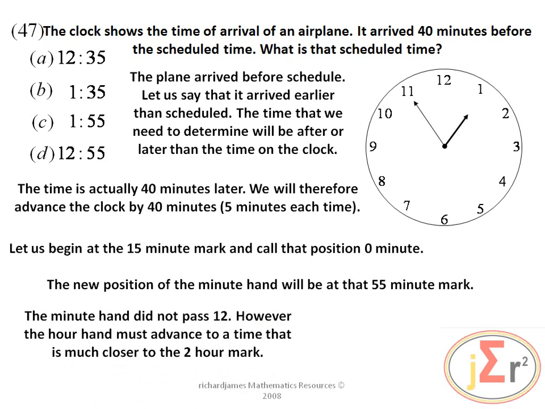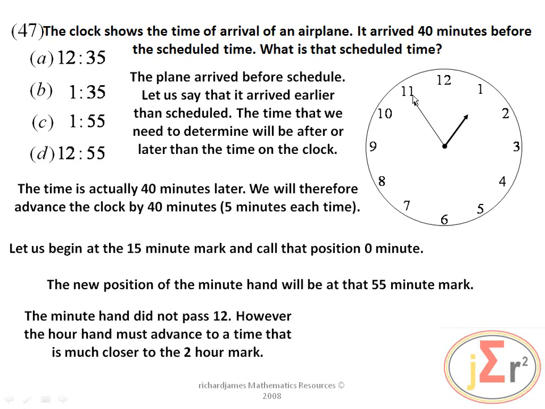However, the hour hand must advance to a time that is much closer to the 2-hour mark. Although, because the minute hand did not pass 12, we are sure that the hour hand will not go past 2. So we're not going to advance beyond another hour because we did not advance past 12 with the minute hand.